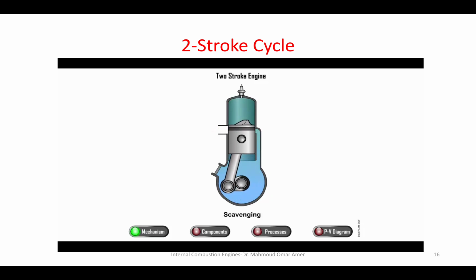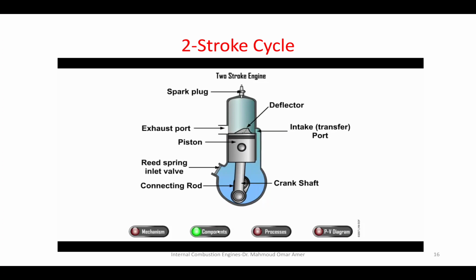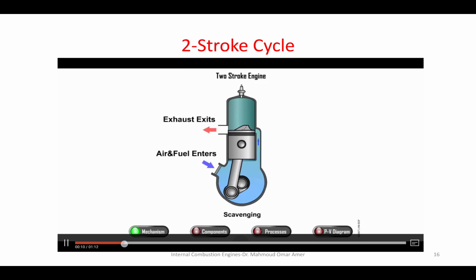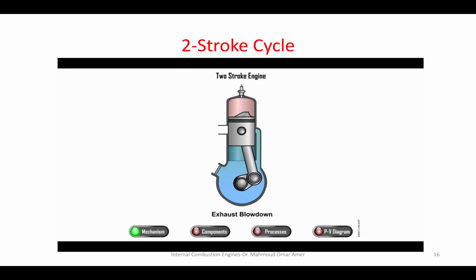The valves are replaced with ports. This one is the intake port, and the other one is the exhaust port. Let's check it again. When the piston is moving downwards, as the piston goes down, the air and fuel come in through the crankcase and mix inside the crankcase.